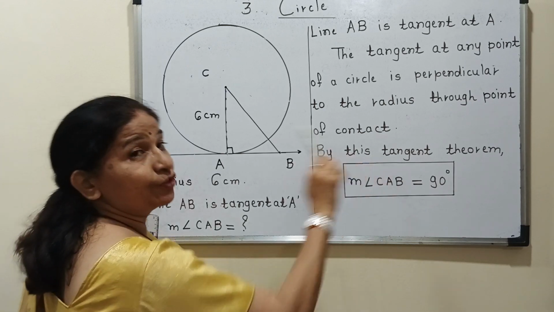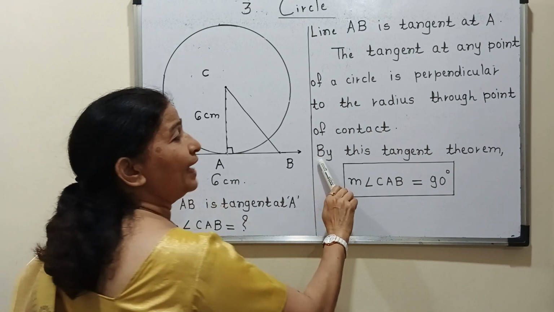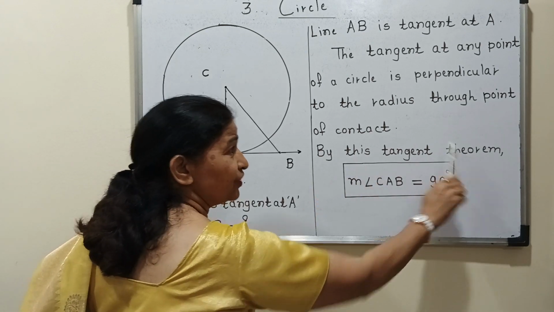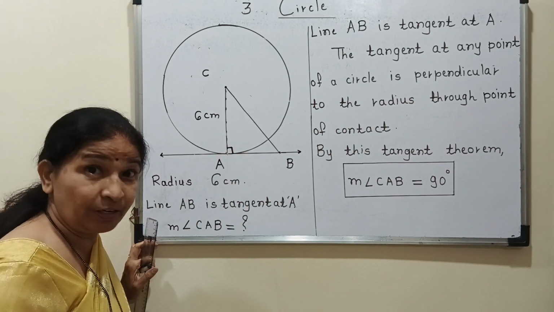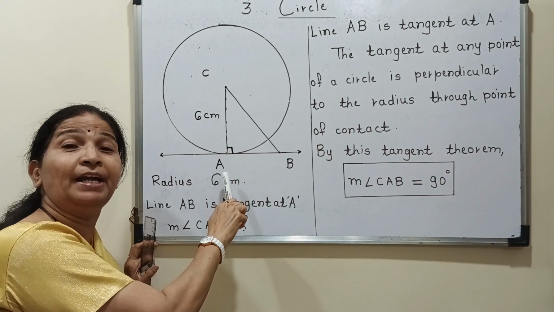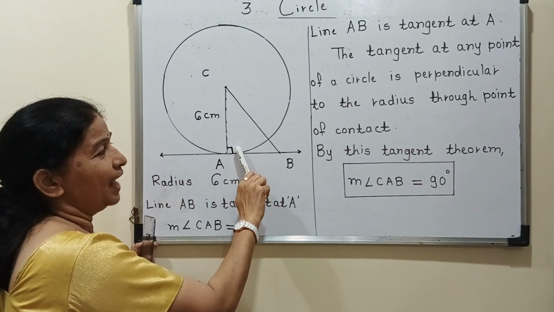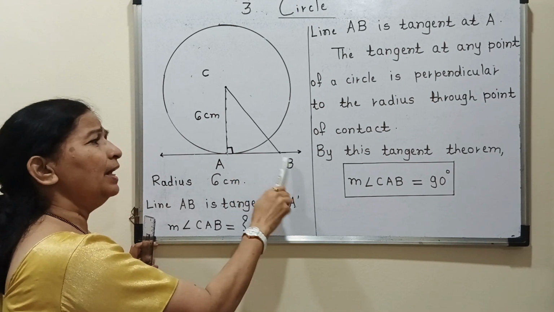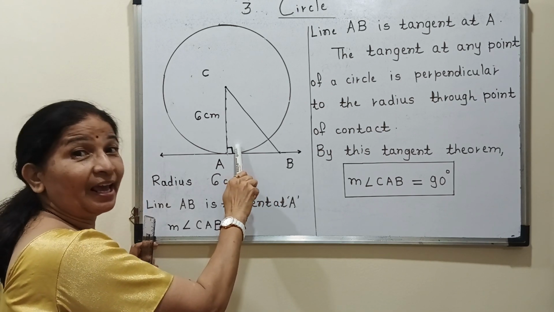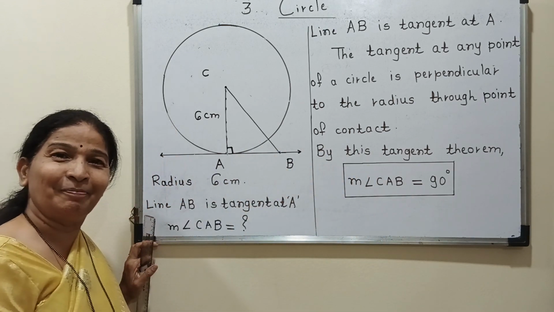And this one is called the tangent theorem. So I said by this tangent theorem, it is perpendicular, no? Perpendicular means making an angle of 90 degrees. That's why this angle, means angle CAB or angle BAC, is 90 degrees.